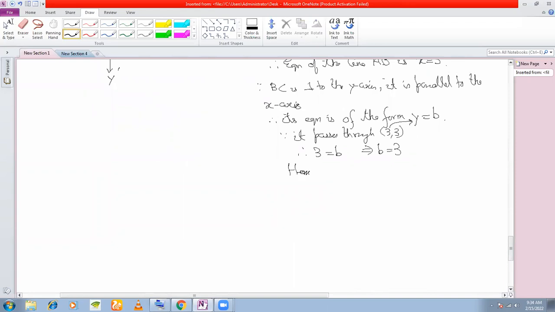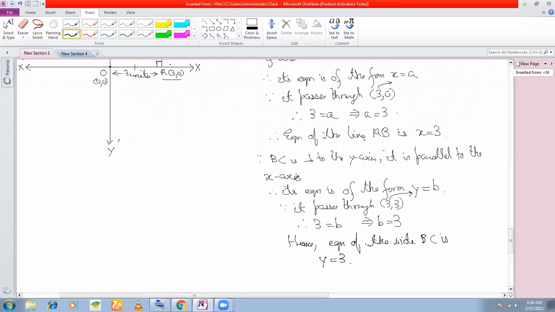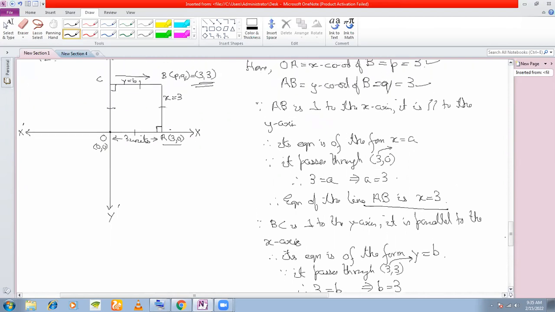The equation of the side BC is y is equal to 3. That is what you have to find out. You have to find out the equation of the side AB, and the equation of the side BC. And both those two we have finished, right? So that brings us to an end of this topic.